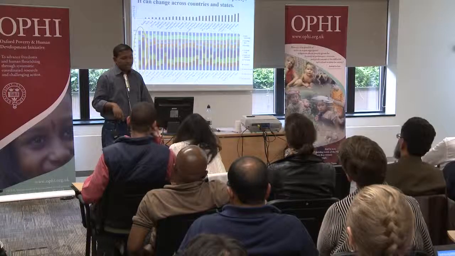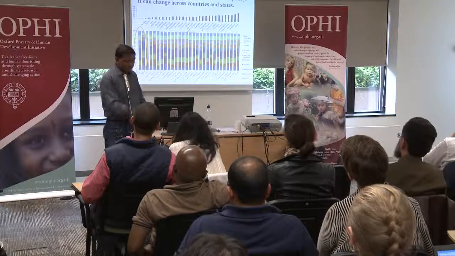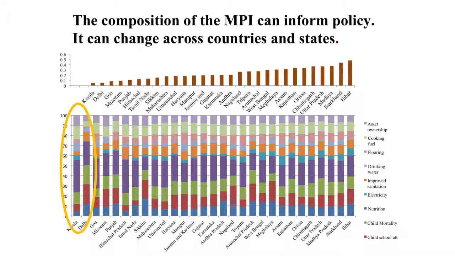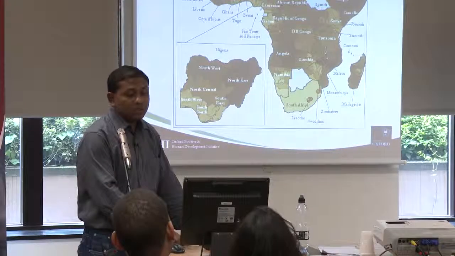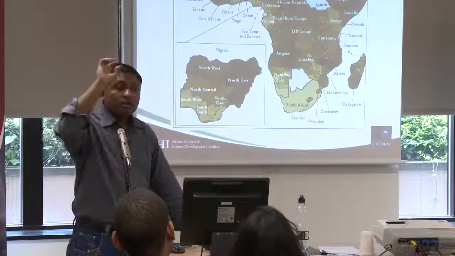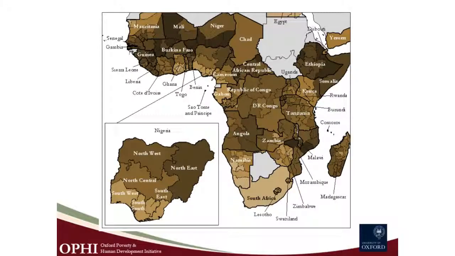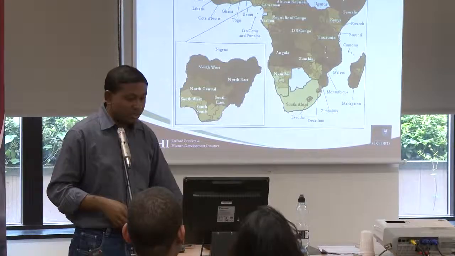And this is an example from different states where you can see that if we look at Kerala and Delhi, although one is a city and another is a state, just to show you, the difference in composition is quite different, although they had similar levels of MPI. And similarly, as you looked at the decomposition across, now what we are trying to do is merge these 2 concepts, decomposition across population subgroups and composition across dimensions.